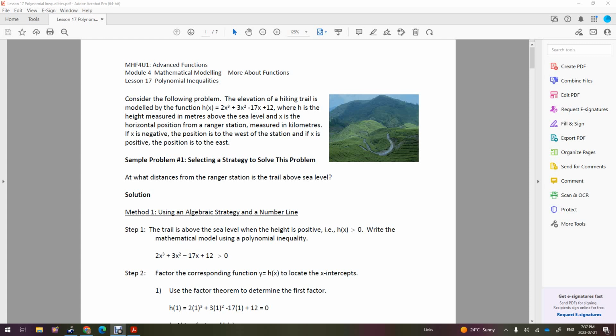If x is negative, the position is to the west of the station, and if x is positive, the position is to the east.